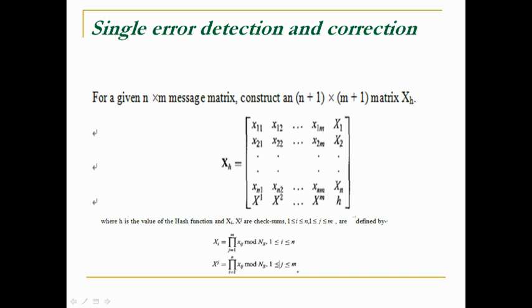As you can see on the slides, for a given n multiply m message matrix, construct an n plus 1 multiply m plus 1 matrix Xh, where h is the value of the hash function and Xi and Xj, X power of j, are checksums, where i is larger than or equal to 1 and smaller than or equal to n, and j is larger than or equal to 1 and smaller than or equal to m, defined by the functions below, as you can see.